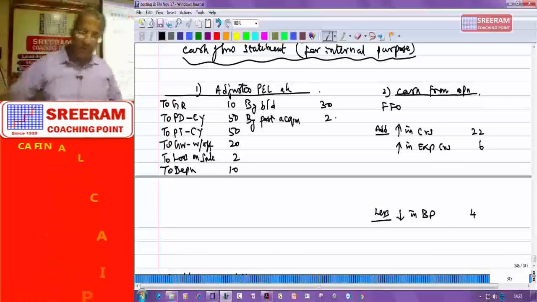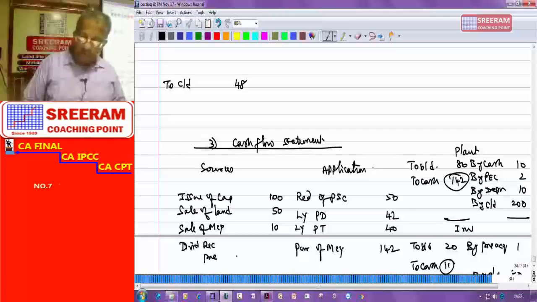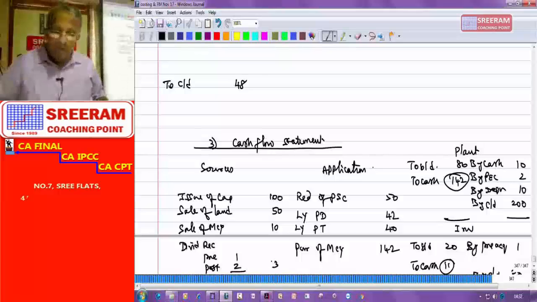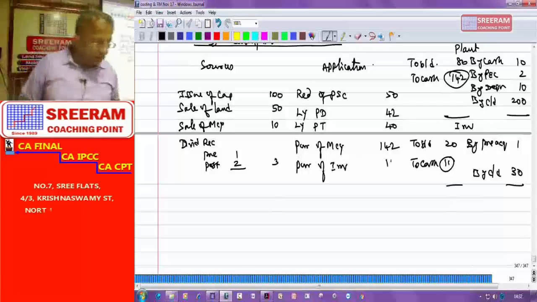Now, in your cash flow, dividend received, pre-acquisition 1, post-acquisition 2, outer column 3. Purchase of investments 11. Investments over.